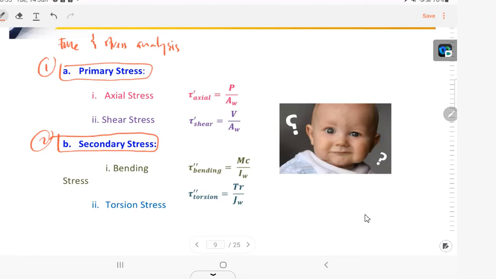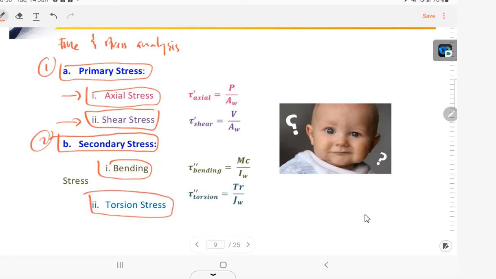For the primary, first we have axial stress, and then we will have shear stress. And for the secondary, we have bending stress and then torsion stress.